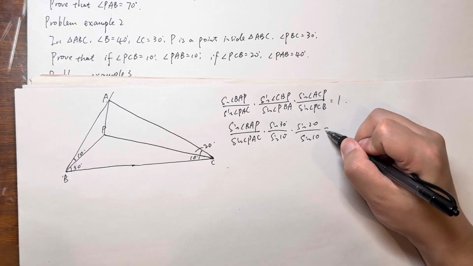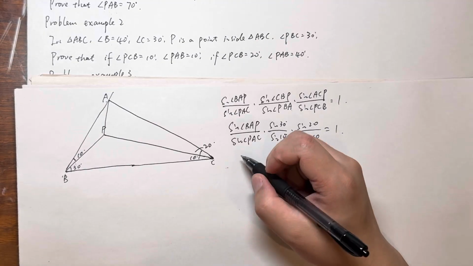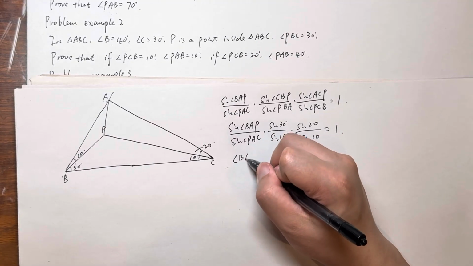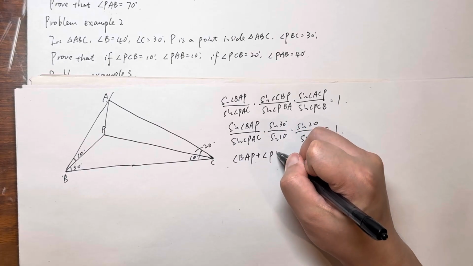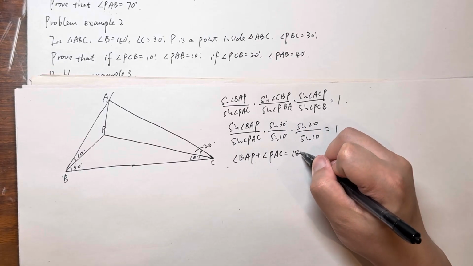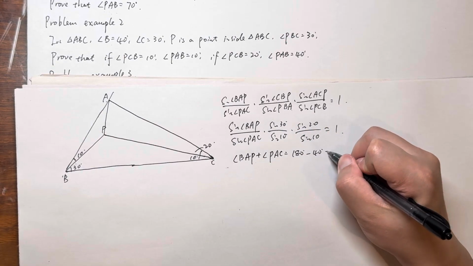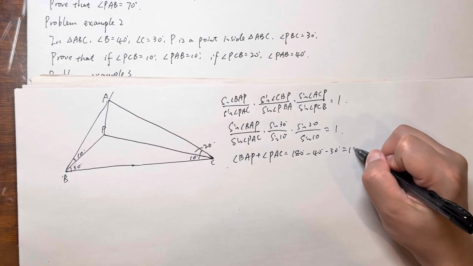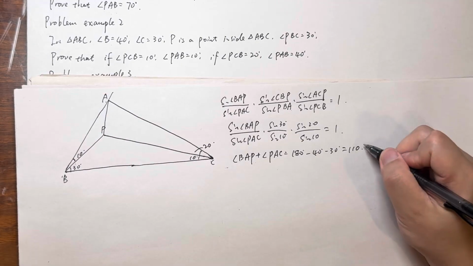We know it equals 1. And another thing we know is that angle BAP plus angle PAC equals 180 degrees minus 40 minus 30, which equals 110 degrees, right?